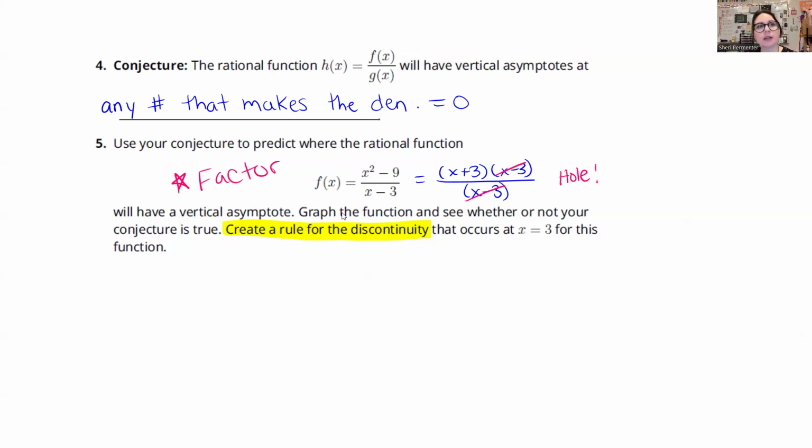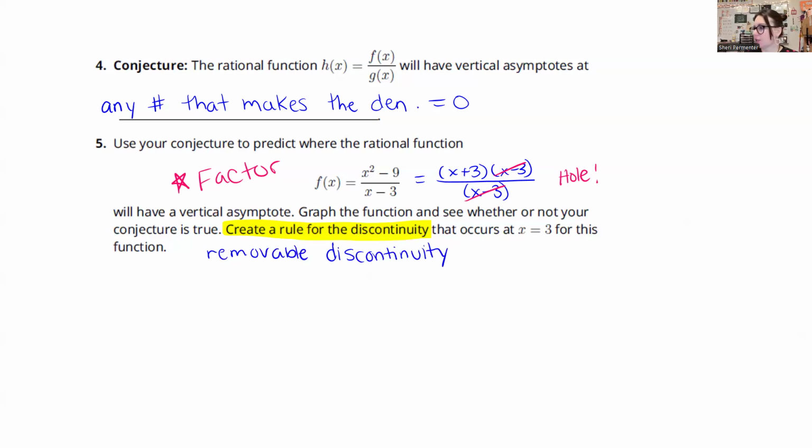And so the word is right here if you need to know how to spell it. A removable discontinuity. And you need to know that it's because we removed that factor from the numerator and denominator. It's removed. And that creates a hole.